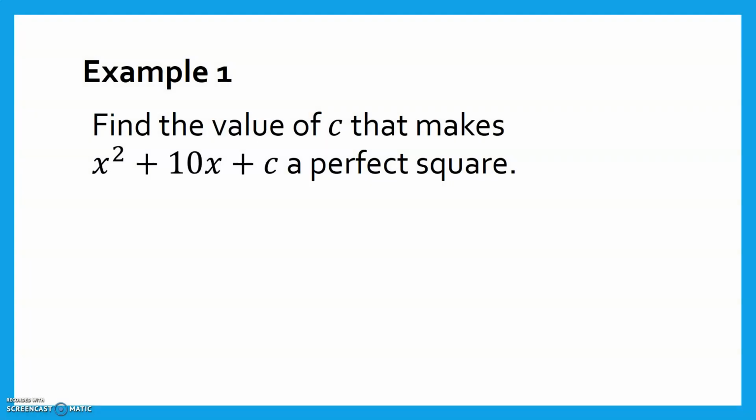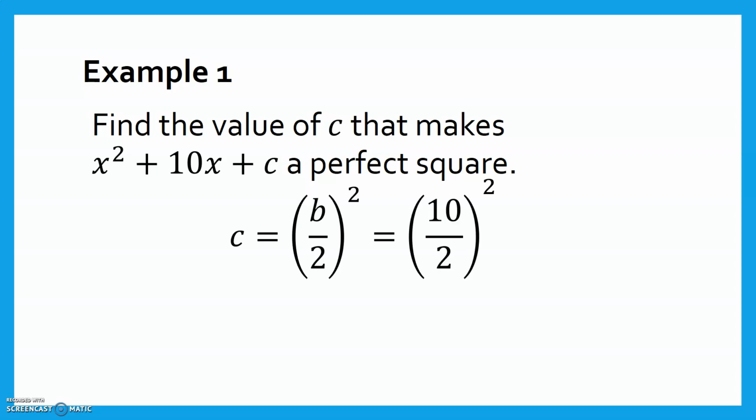So here's our first example. Find the value of c that makes x squared plus 10x plus c a perfect square. Let's look at b. Remember that c is b divided by 2 squared. Well, b is 10, and I'm going to divide it by 2 and square it.